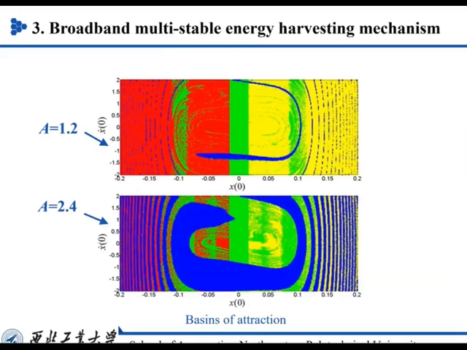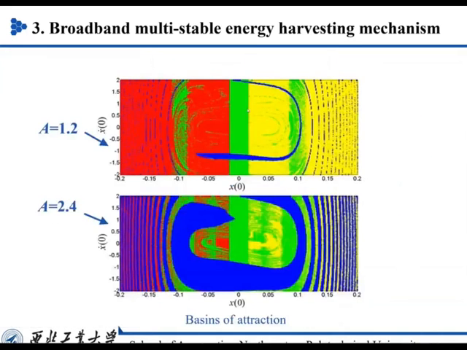The colors red, blue, and yellow mean that the initial conditions respectively lead to the other 3 stable equilibrium positions. That is intrawell, which means confined to each of the potential wells.